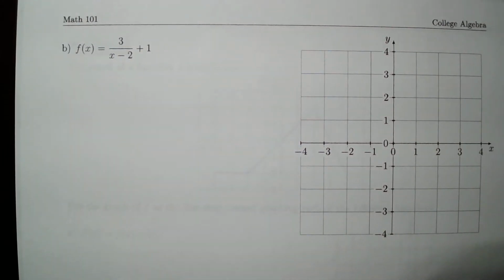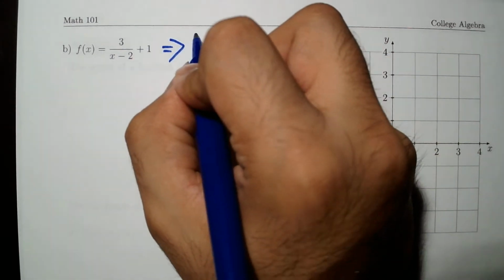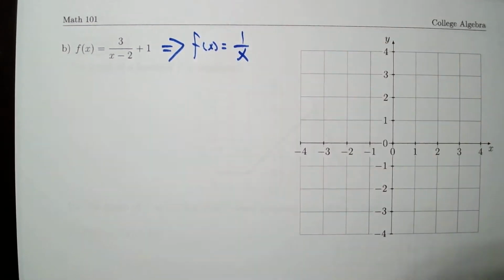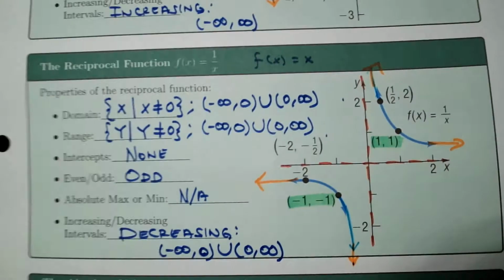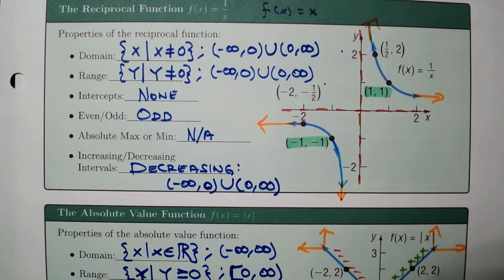So here the parent function is f of x equals 1 over x, which is the reciprocal function, the function that we had in the previous section. All right. In this case, I'm going to use 3 different points.